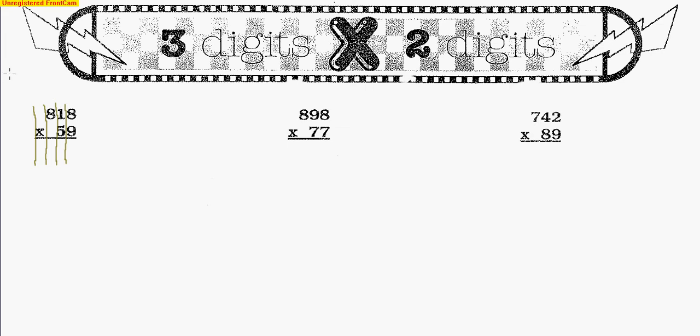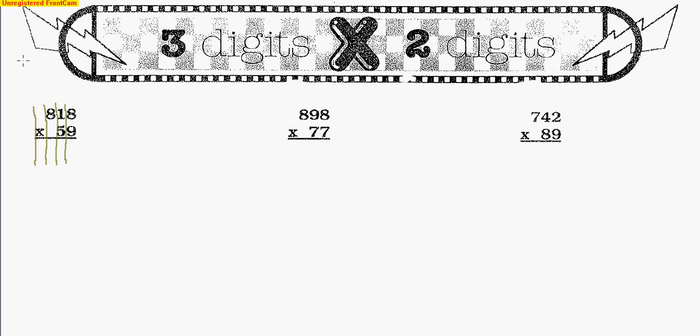Here I'm multiplying just the ones place by the ones place of my first number. Since I'm in the ones place, my first number starts in the ones place. You line up the numbers that you're multiplying. So 9 times 8 makes 72.